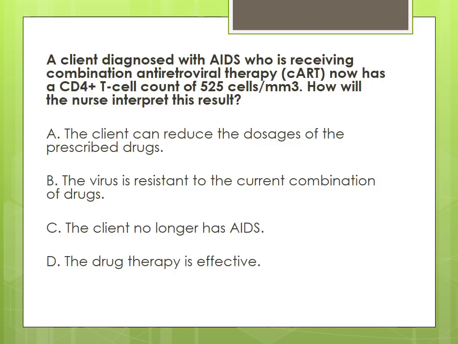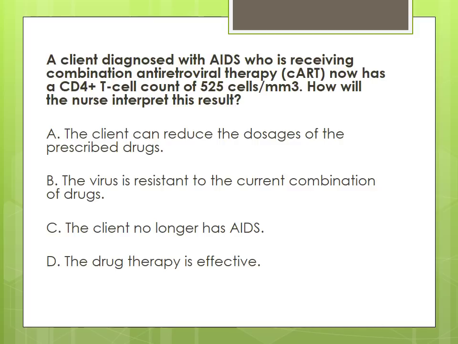A client is diagnosed with AIDS who is receiving combination antiretroviral therapy, who now has a CD4 plus T cell count of 525. How will the nurse interpret this result? All right, so we would interpret this as being effective, right?